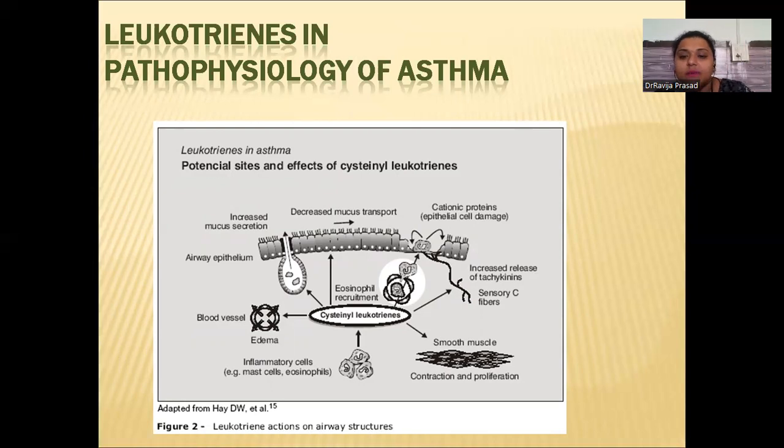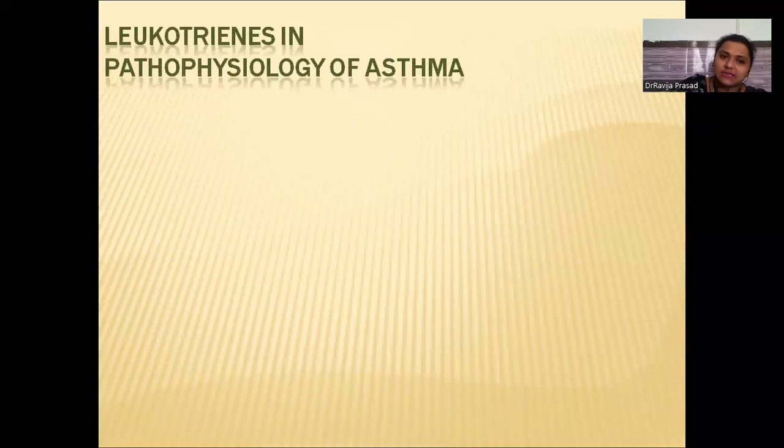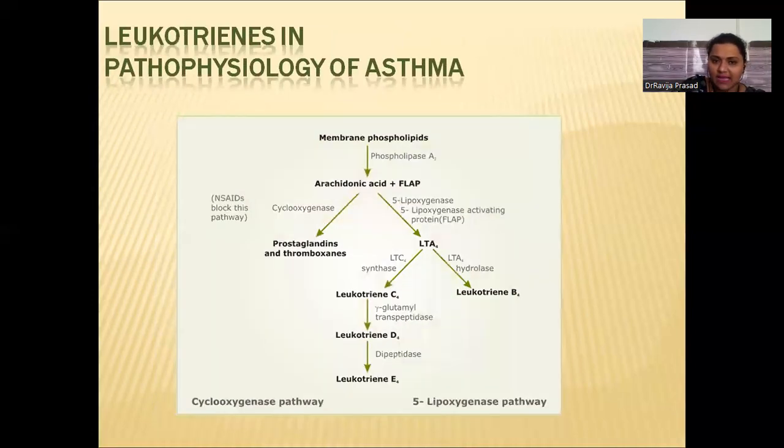Then when there is breakage of the epithelial cells, it leads to an increase of tachykinins, and the C fibers and smooth muscle get contracted and proliferate. So this is how leukotrienes act in the pathophysiology of asthma.